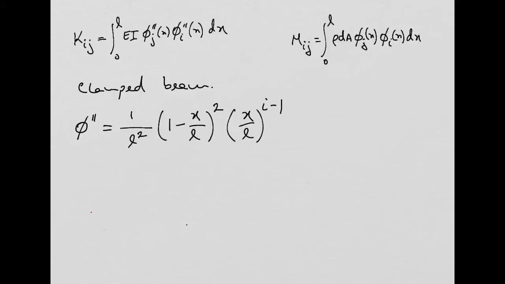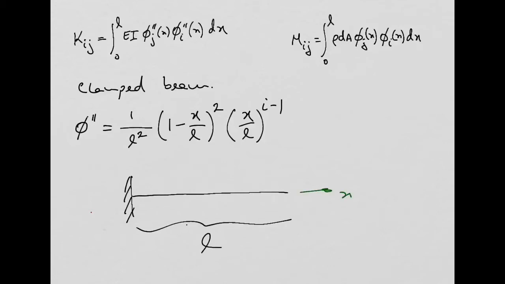If you look at this, if you have a clamped beam like this, where this is my L, and my x-axis starts at this point, if I replace in this equation x with L, I will get the second derivative equal to 0, which is correct because at the tip of my beam, the bending moment should be 0, right?